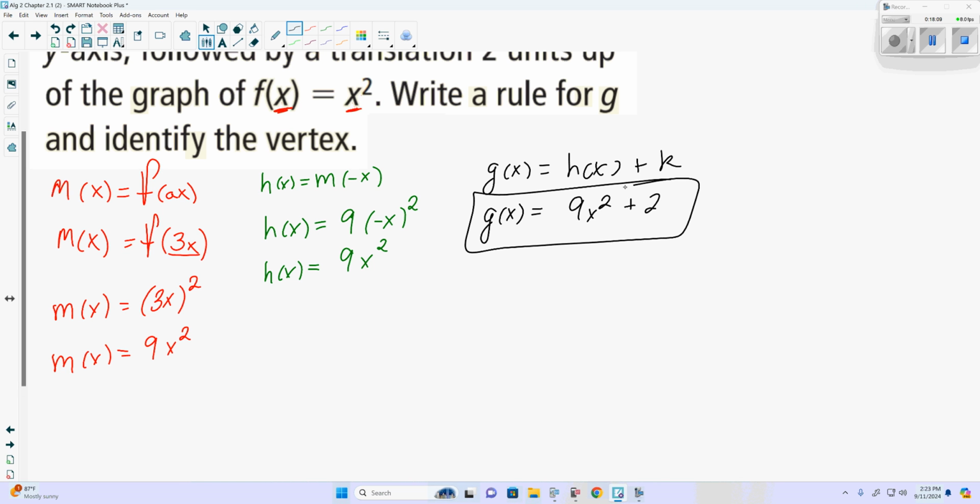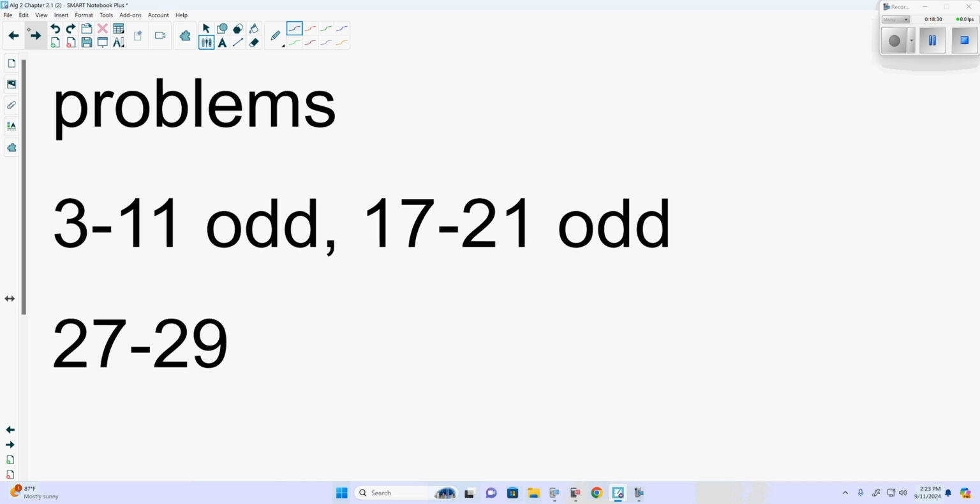H of x is 9x squared. And your homework assignment. It should seem familiar. Still the same.